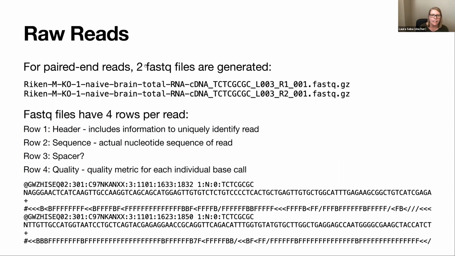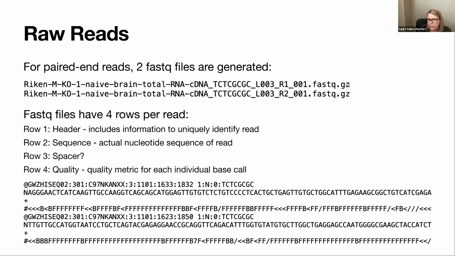If you've never seen a FASTQ file, whenever we get paired end reads, they come to us in 2 separate FASTQ files. You can notice here that the names of the files are identical except for this R1 right here. This indicates this is read 1 from each pair, and this is read 2 from each pair, and they're kept in what we call a FASTQ file.